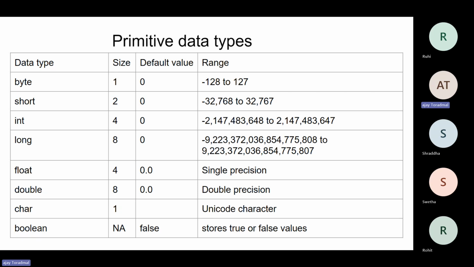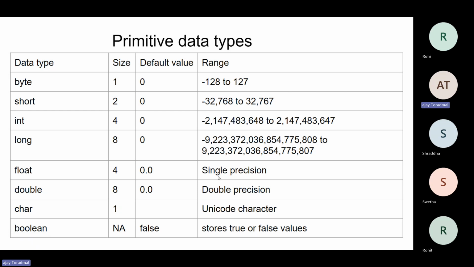It will help to decide the ranges, that's the topic we are covering. How can you remember these numbers, for a long, for example? No need to remember these numbers, but you should remember that each and every data type has its valid range. These are the valid ranges available. For this particular int, this is the range. For the long, this is the range.